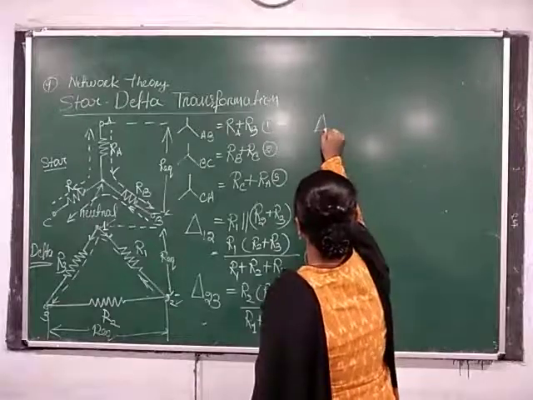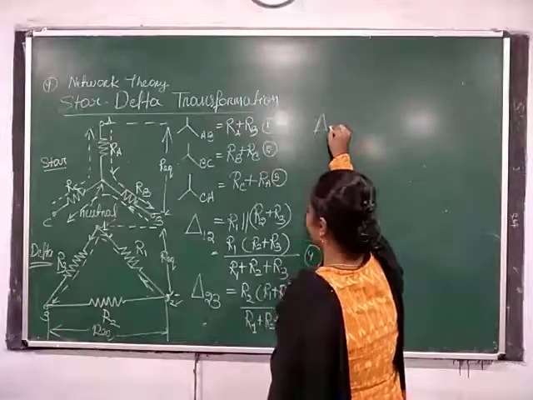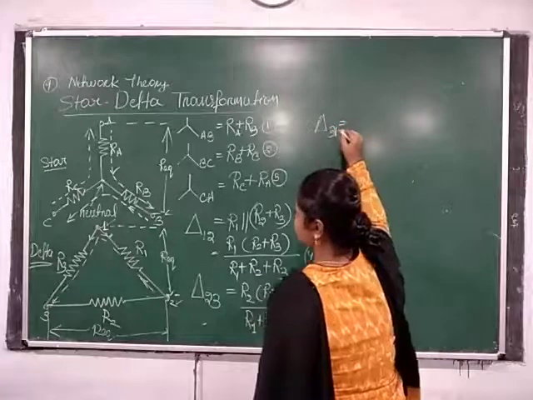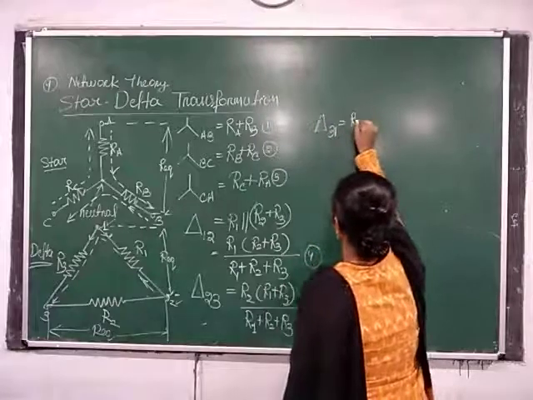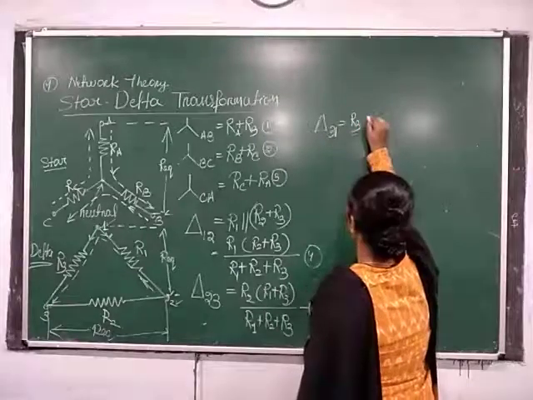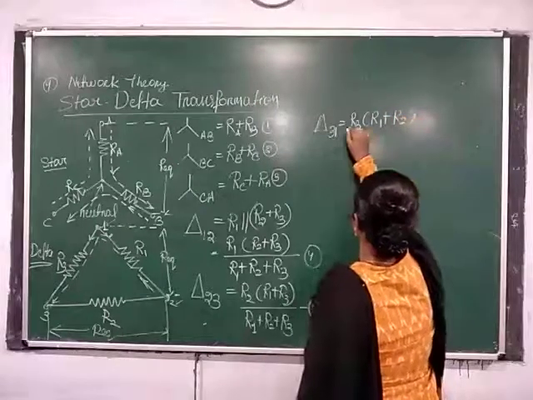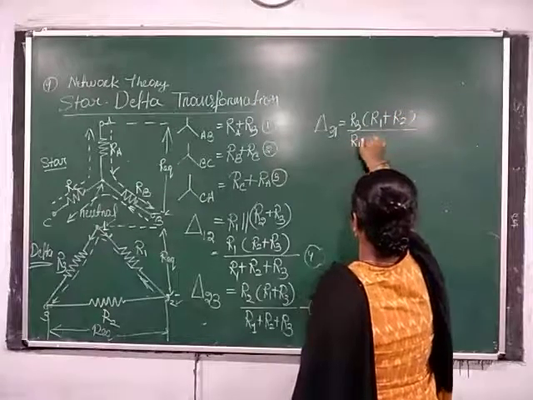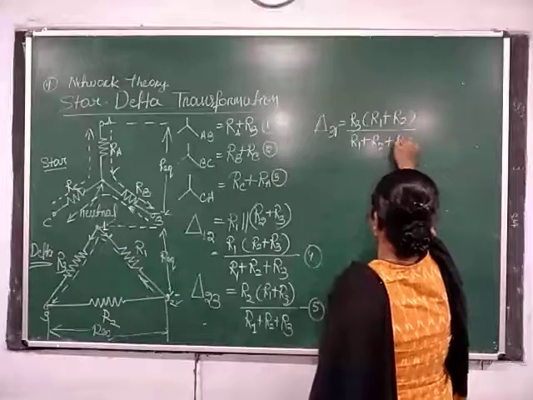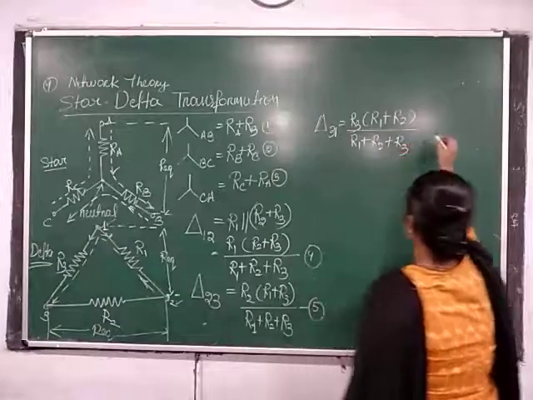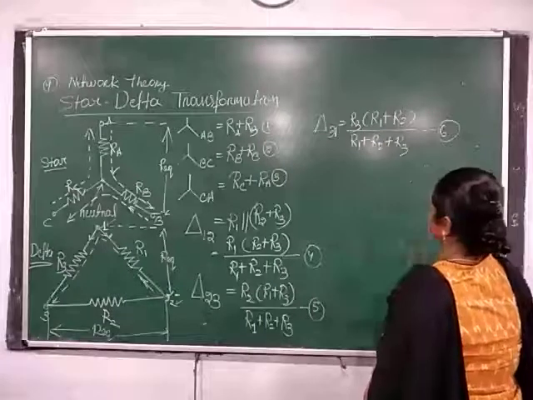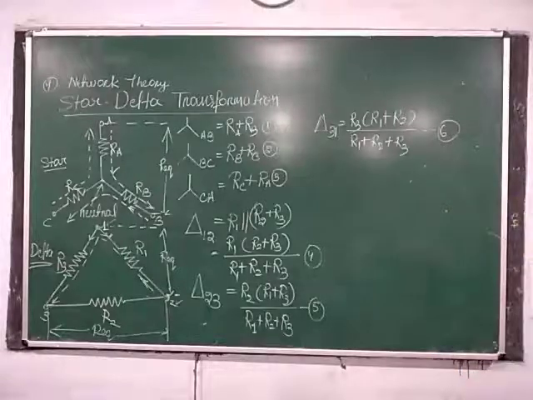So the delta equivalent resistance between terminals 3 and 1 is R3 in parallel with the series combination of R1 and R2. Take it as equation number 6.